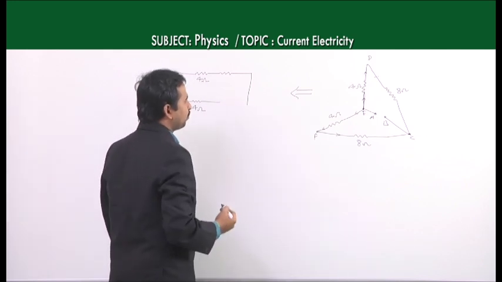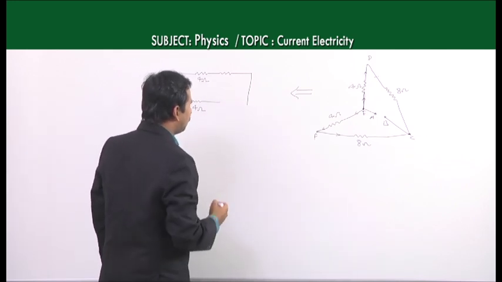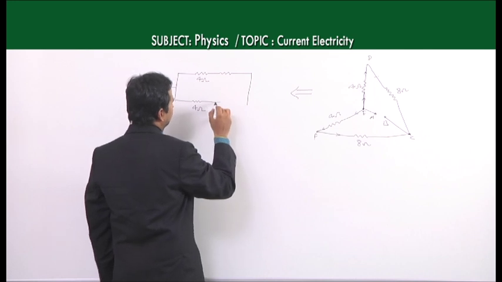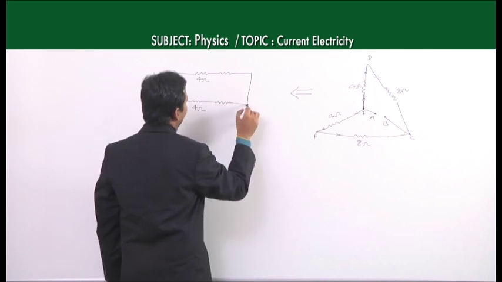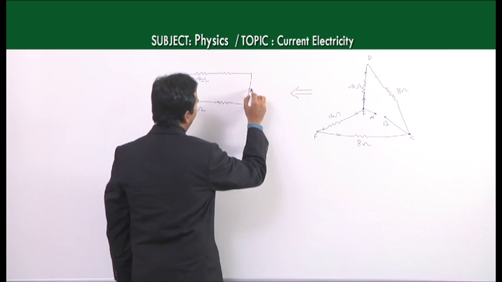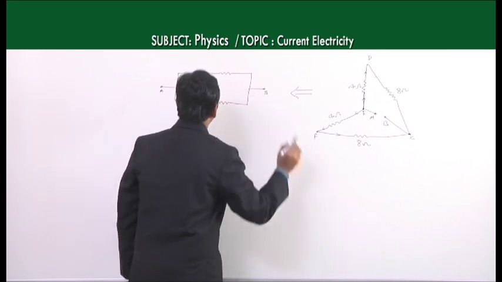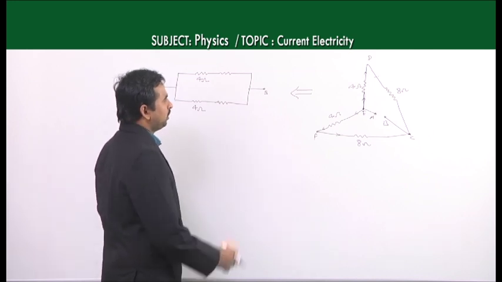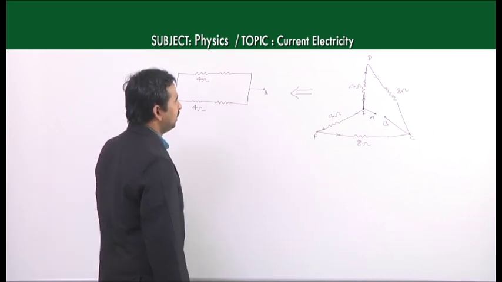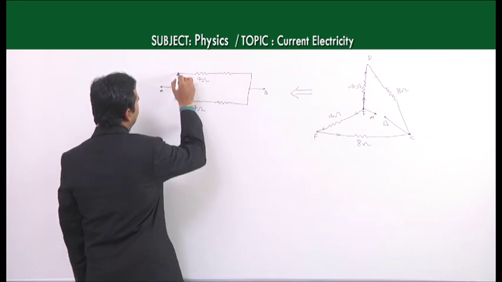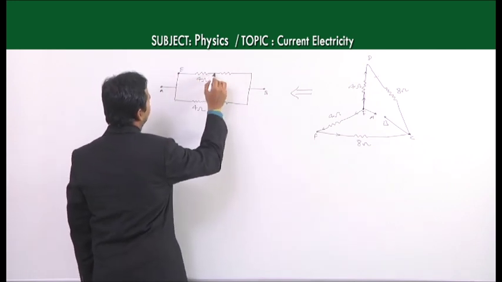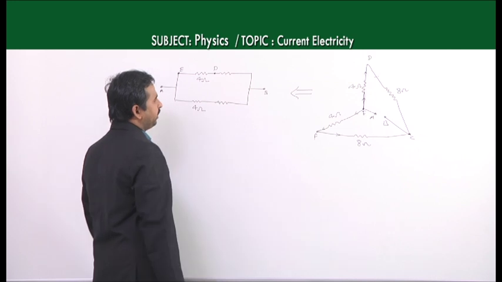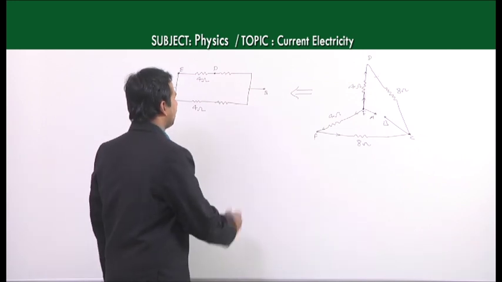Like this, which is the point C here, and again that 8 ohms is connected to the 4 ohms there. So again here also we take that 8 ohms like this, and here we have AB present. If you see the junction points, between A and E there is a 4 ohm resistance, between E and D, and between D and C we have the 8 ohms.